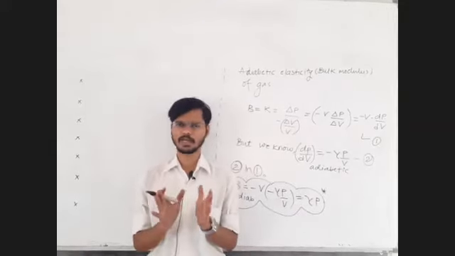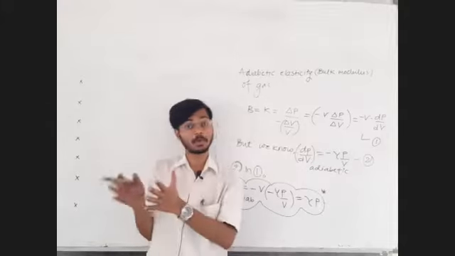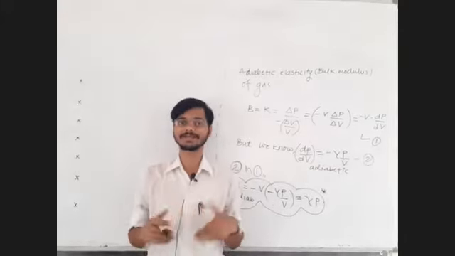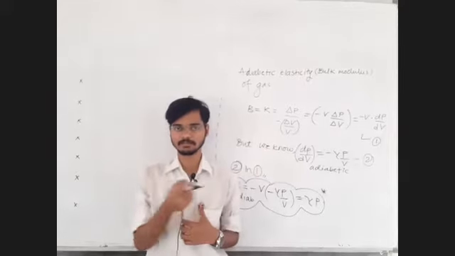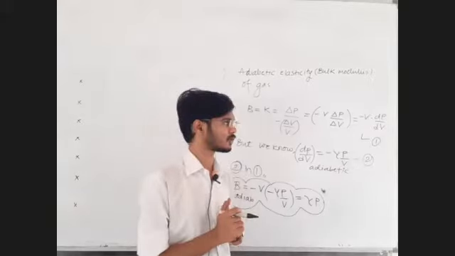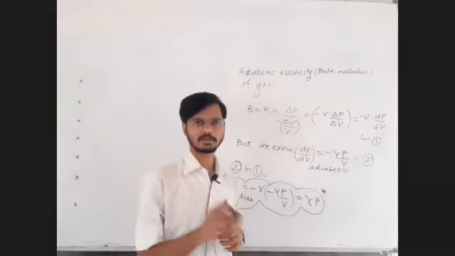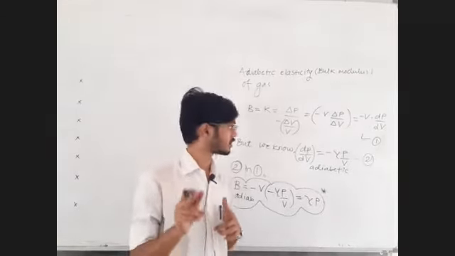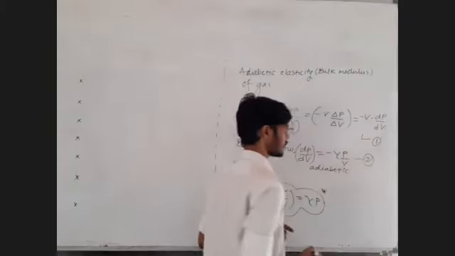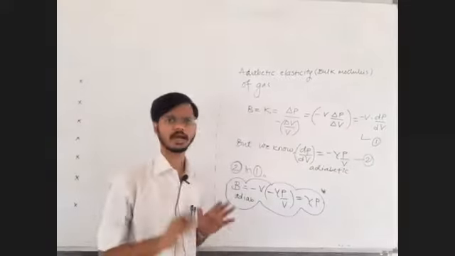For any formula, like 2.303 nRT log to the base 10 V2 upon V1, try to remember it in this fashion. Make some sort of rhythm in the formula that makes things easy to remember. This soft skill you also have to acquire. Over the period of time you will acquire it, and that will ultimately help you in the exam.